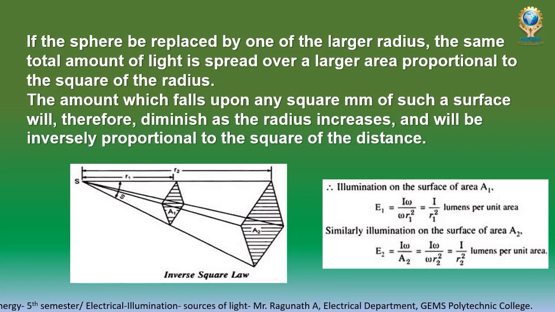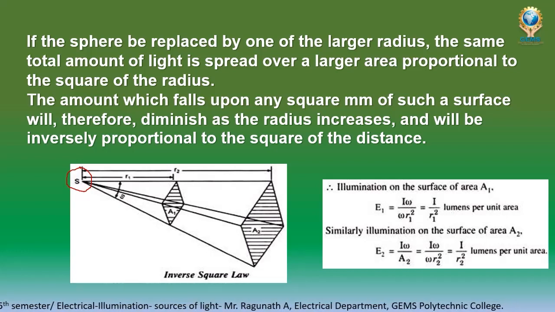Here there is a source point, and from here the light is coming in different directions. Here two surfaces are there: surface 1, A1, and surface 2, A2.